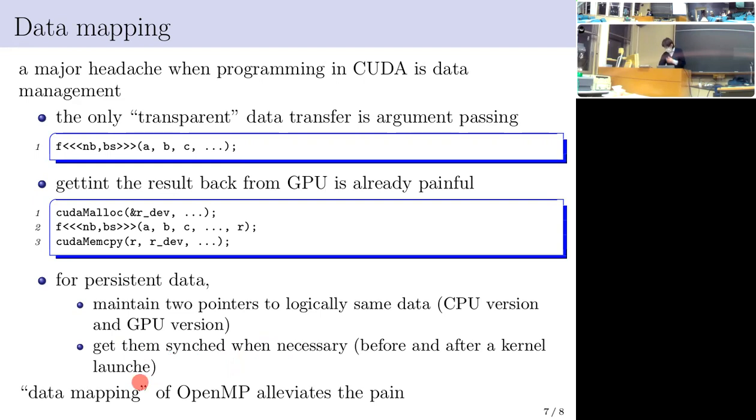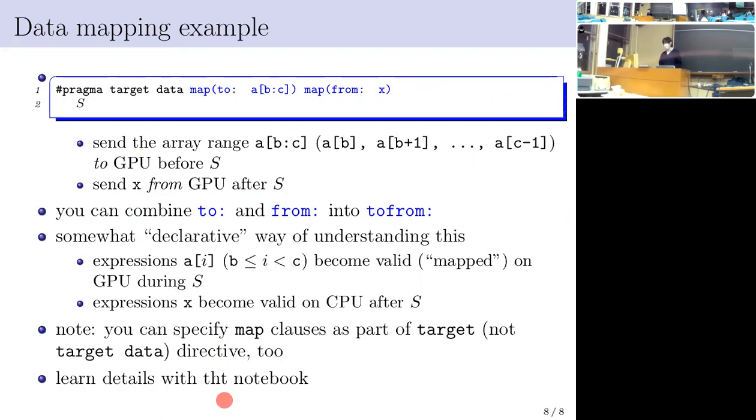So the data mapping feature of OpenMP largely alleviates this painful procedure. Syntactically, it looks like this. It's somewhat similar to moving control to GPU, which was just a pragma OMP, I forgot the OMP here, so it was pragma OMP target.